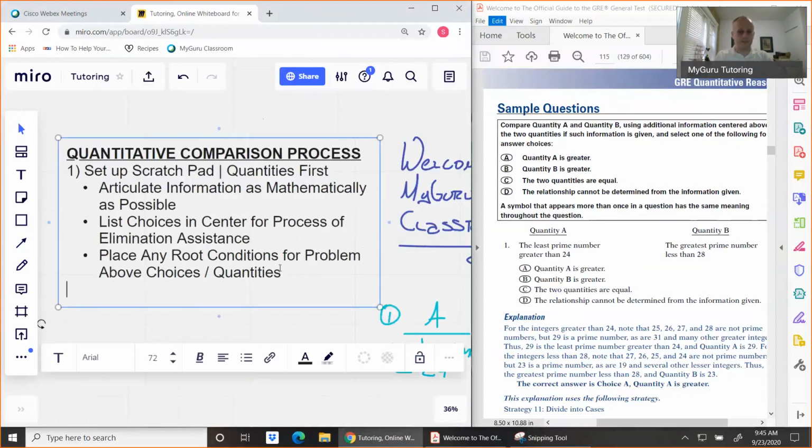So then step 2 is quite simple. It's just to ask a single question. Do I want to plug in?